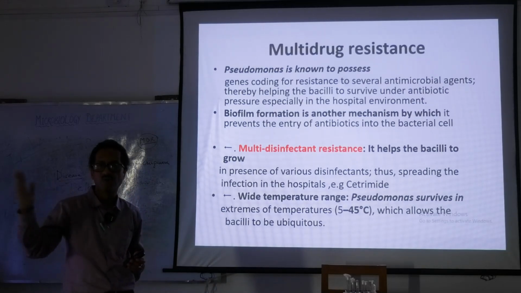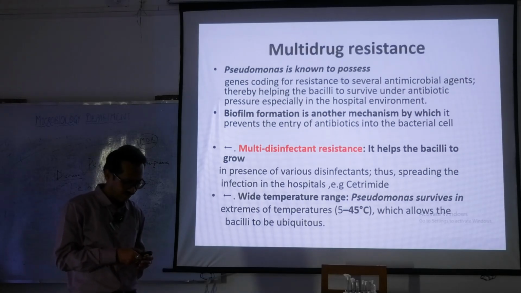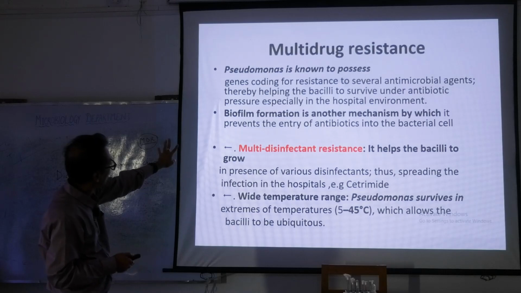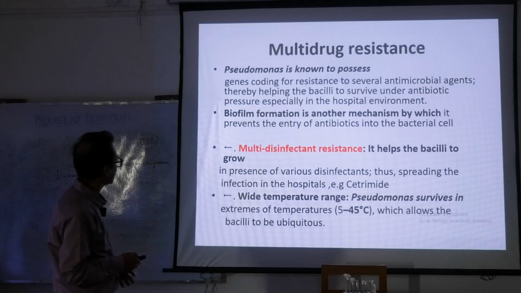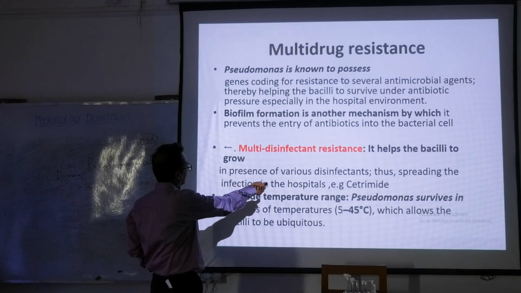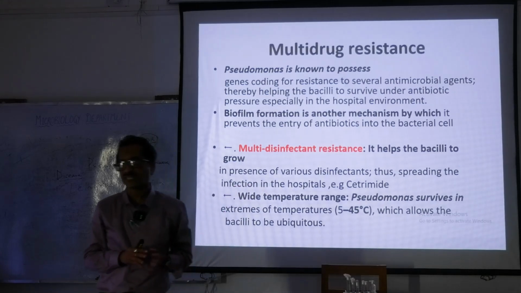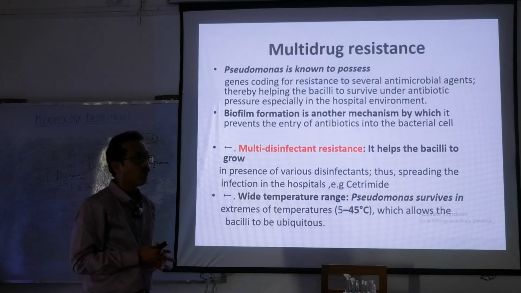Quorum sensing is communication between the bacteria, and that can be part of biofilm production. Multi-disinfectant resistance, with various disinfectants present, thus spreads the infection in the hospital. It is resistant to cetrimide. What else?